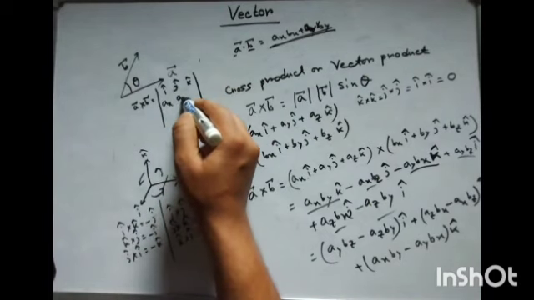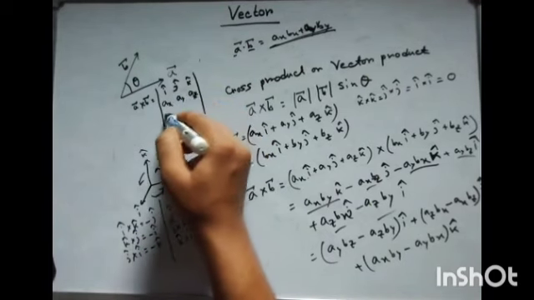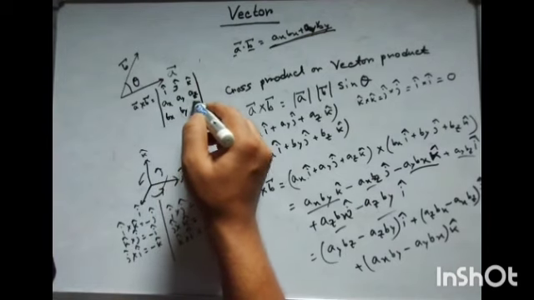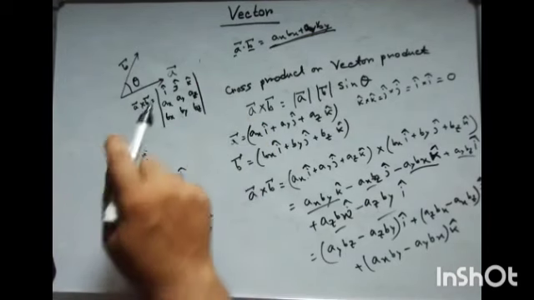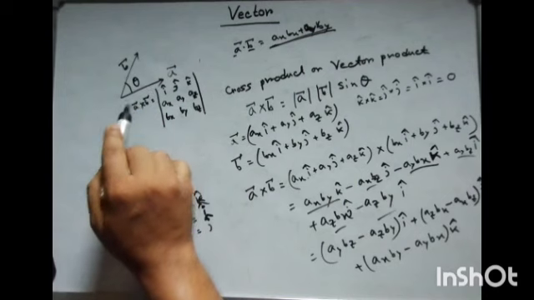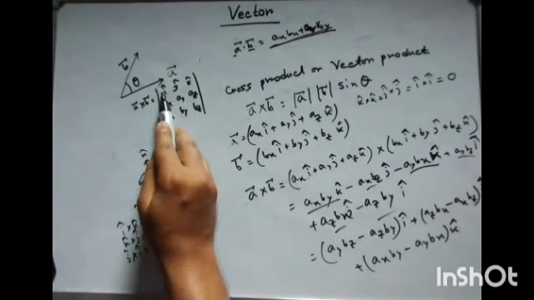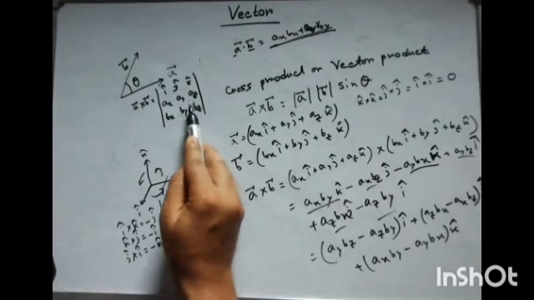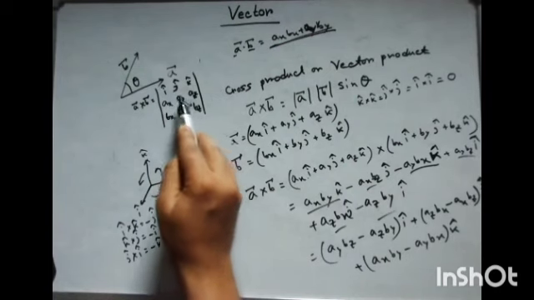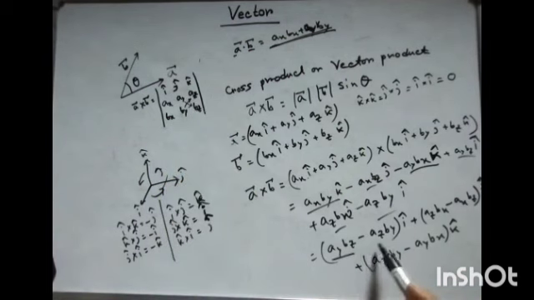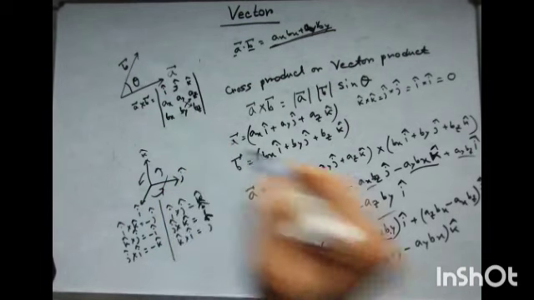Rows: ax ay az, then bx by bz. Then you can check it, in the determinant it will be i cap (ay bz minus by az), see ay bz minus by az, okay.